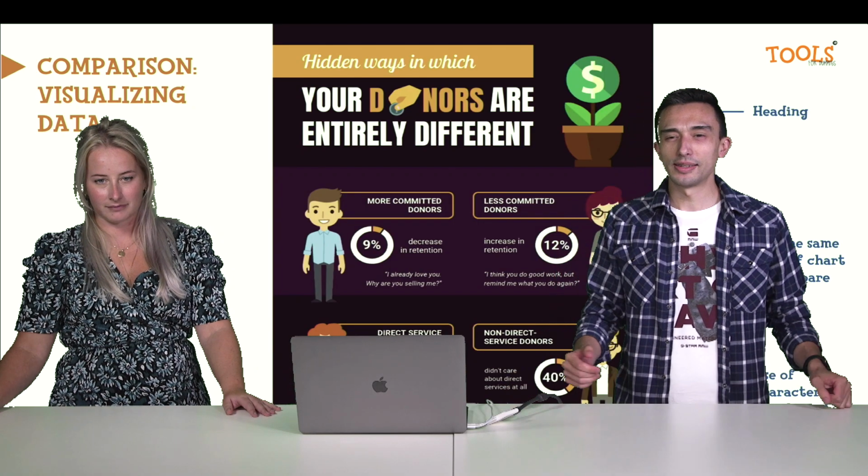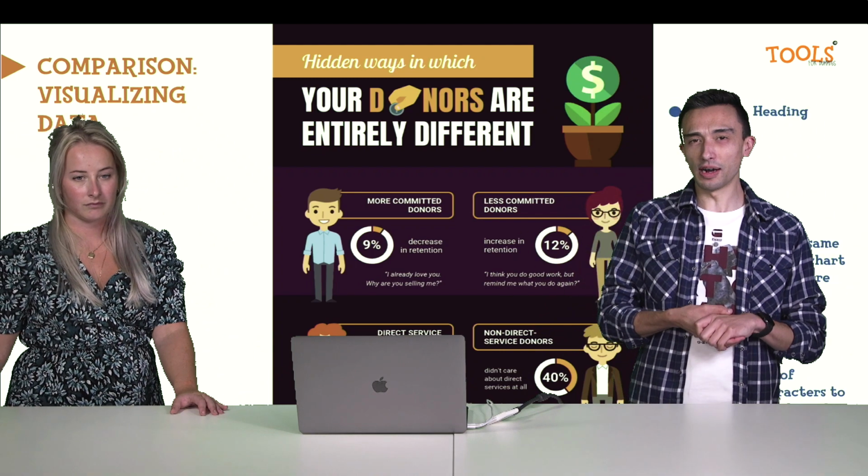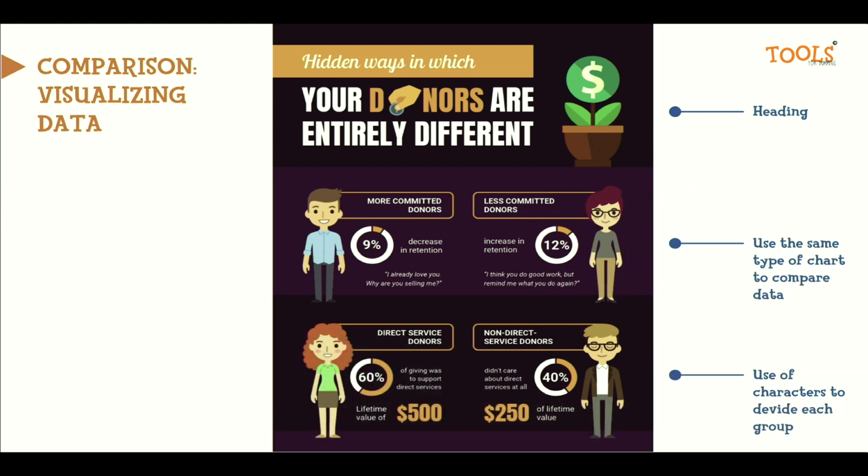This is also a fun kind of infographic. It's again a comparison infographic, and it shows the differences between several kinds of donors. If you take a closer look, then you can see that the way information is presented is the same with all four of them. So we have a small title printed in capitals with a little border around them.